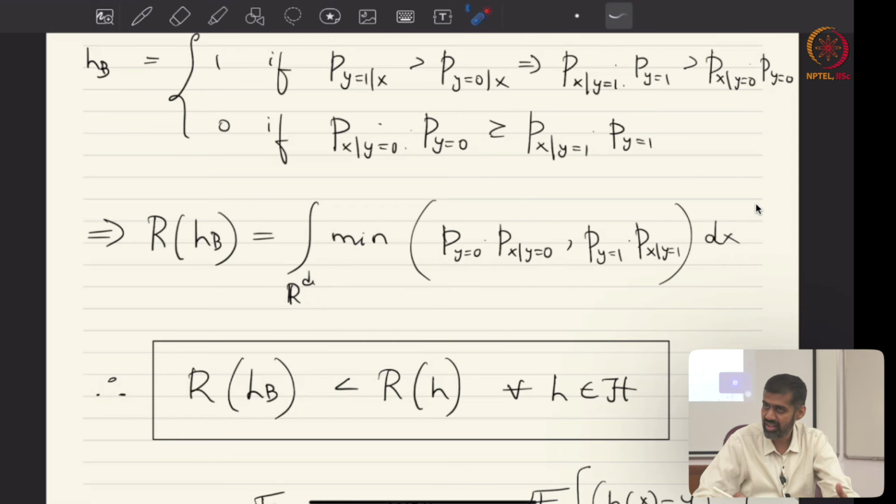This classifier that chooses based on the posterior of labels given data is called the Bayes classifier, and no other classifier can do better than the Bayes classifier. Why did we do that? It is to reinforce the connection between the distribution estimation framework and the empirical risk minimization framework, because the next question that we will be asking in the coming classes is, how do we realize a Bayes classifier?